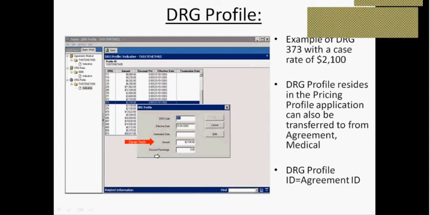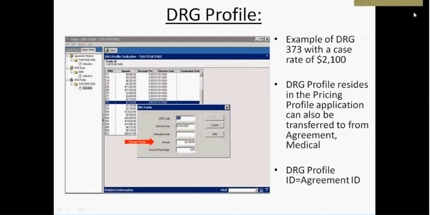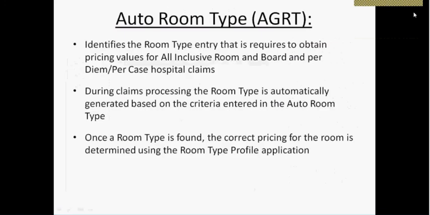We are basically covering the different pricing parameters. There's another program that enables you to enter the room types, because the room type is also one of the factors that changes your pricing.